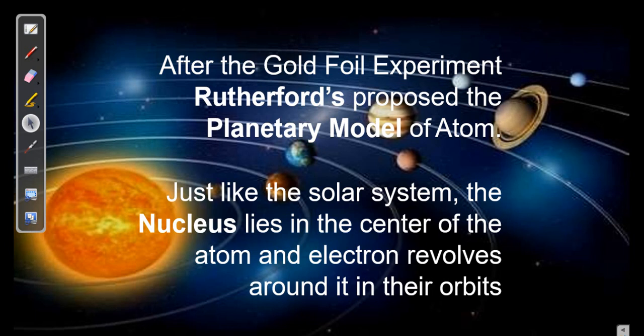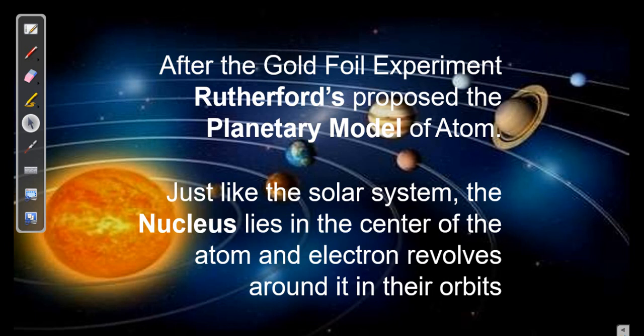So, Rutherford concluded that the atom has large empty spaces and a positive particle present in the center of an atom, which is called the nucleus.